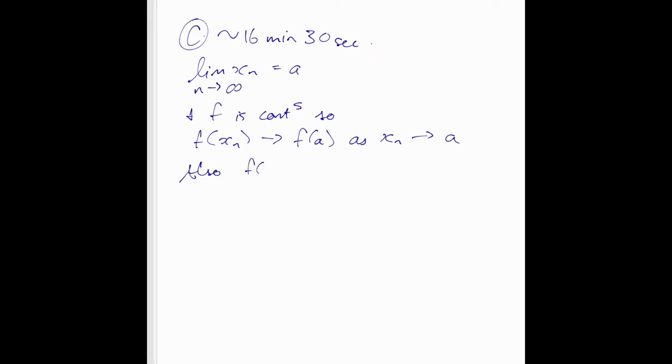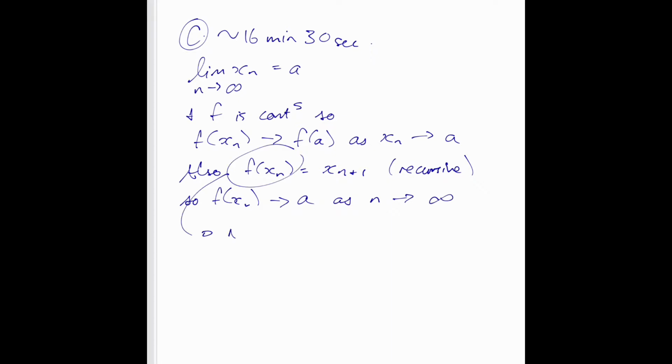Also, f of xn equals xn plus 1 because the function is recursive. So f of xn tends to a as n tends to infinity. Please note the correction is that this becomes f of xn and not f of a as per the video, and that completes that correction.